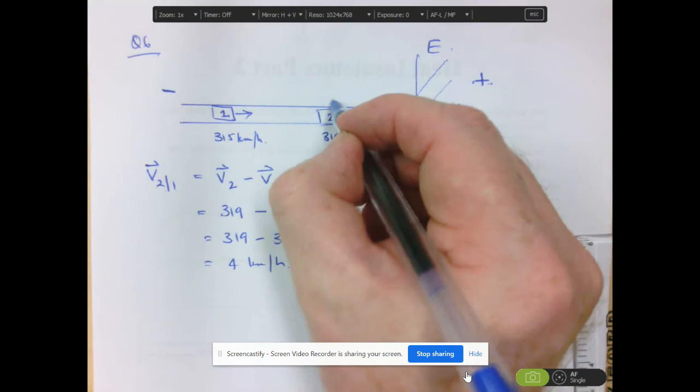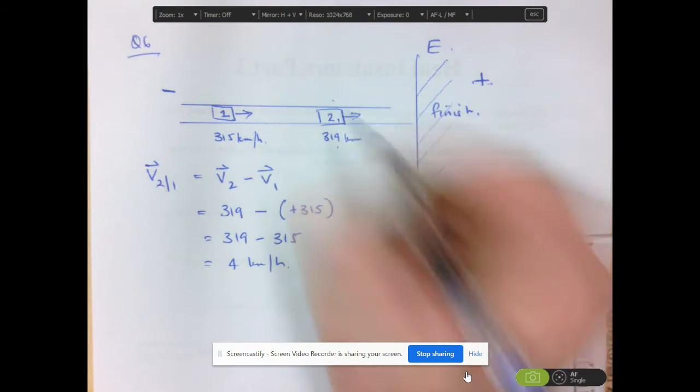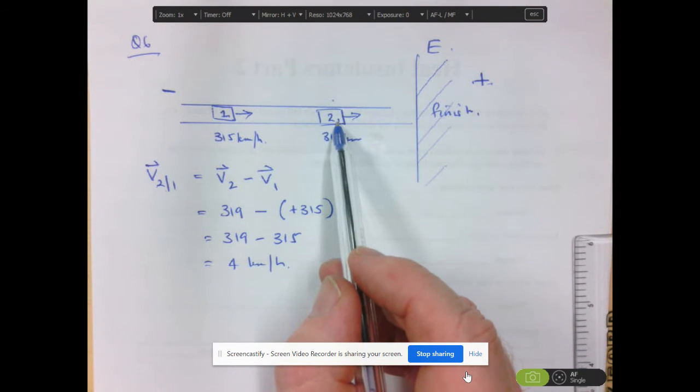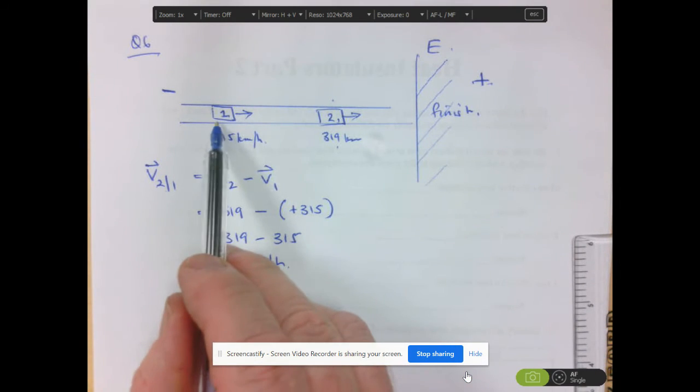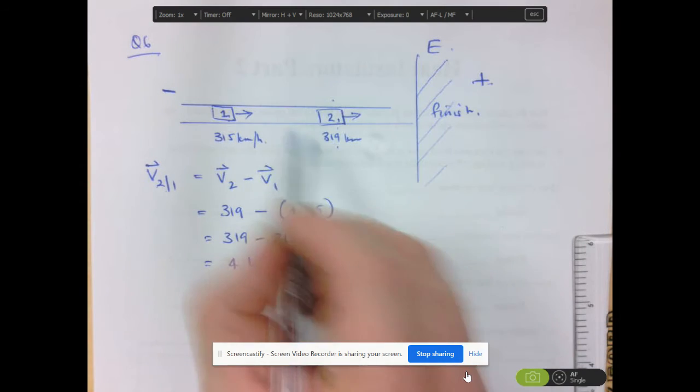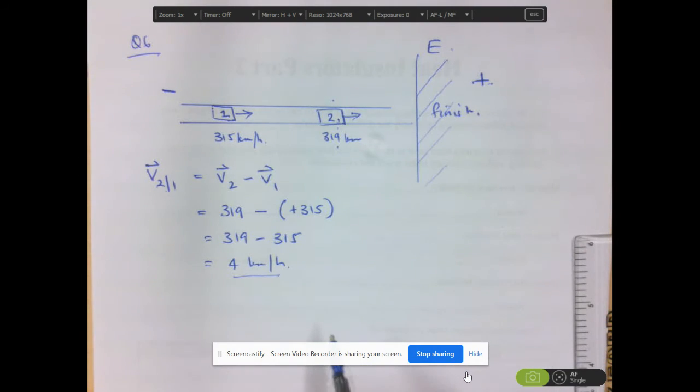So if you were sitting in car 1, you would see car 2 move away from you at 4 kilometers per hour.